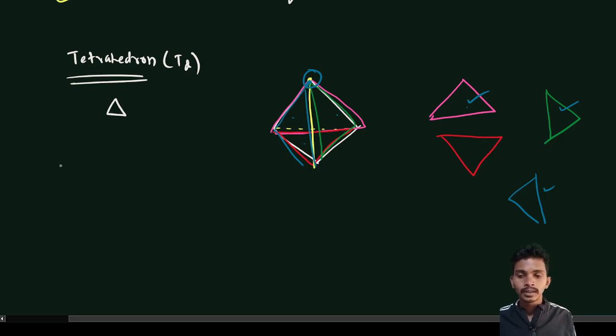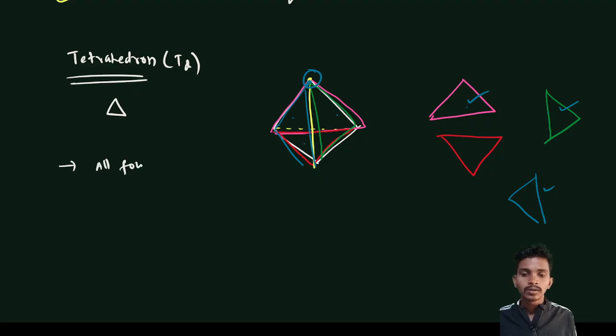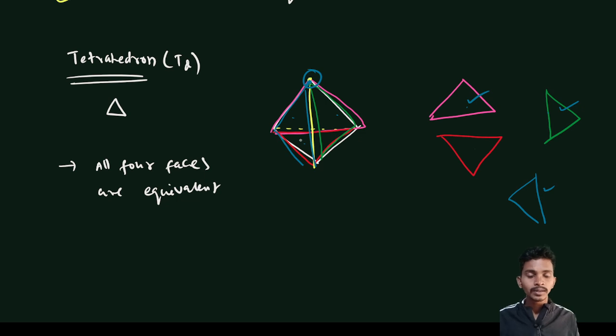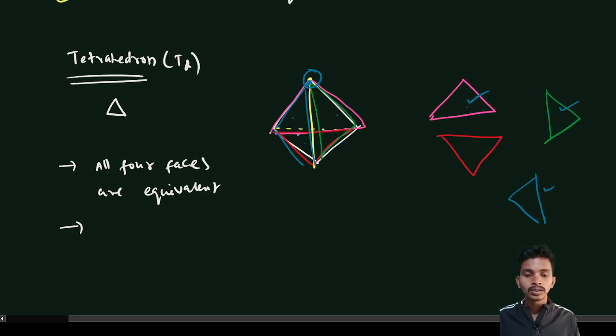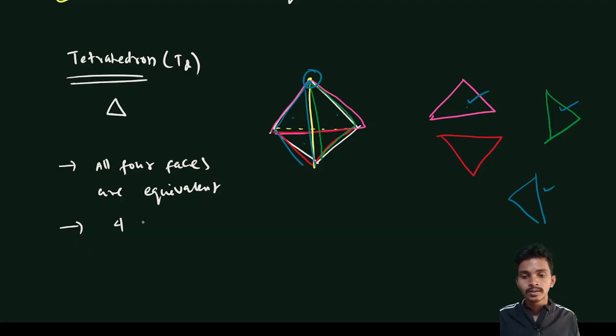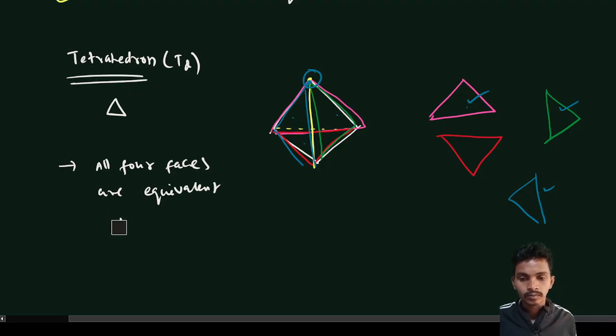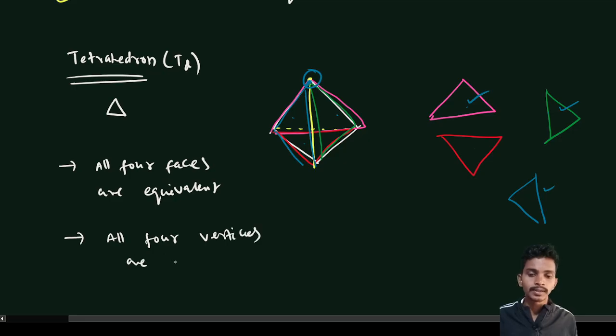In the tetrahedron, all four faces are equivalent. Equivalent means that if you do any operation along one face, we get equivalent orientations. It has how many vertices? 1, 2, 3, 4, so four vertices, and all four are equivalent.